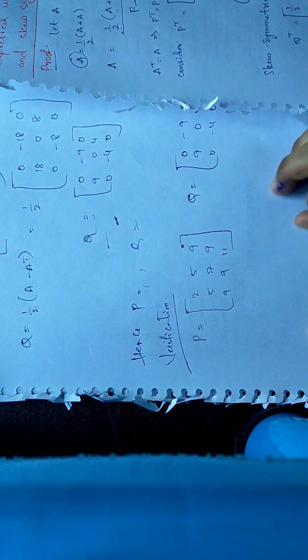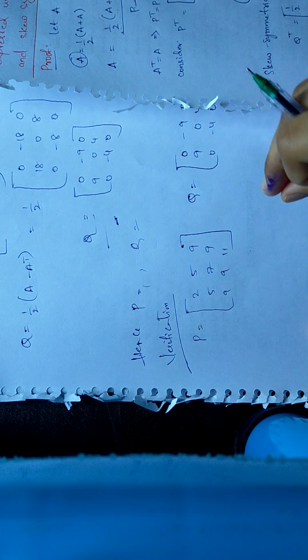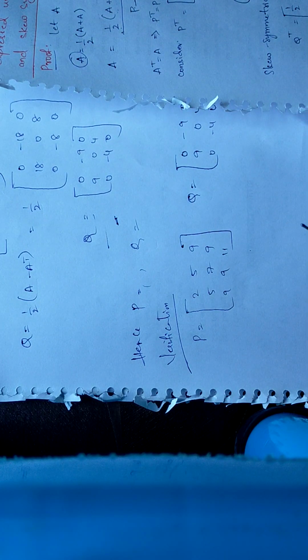So if we add this P plus Q, you will get one matrix, right? So that matrix should be as in the question, that means the A matrix. So this is how you will verify. That is why the theorems are very important. They'll have a number of statements to prove and a number of statements to understand, wherein you can use the answer you got for the verification also.